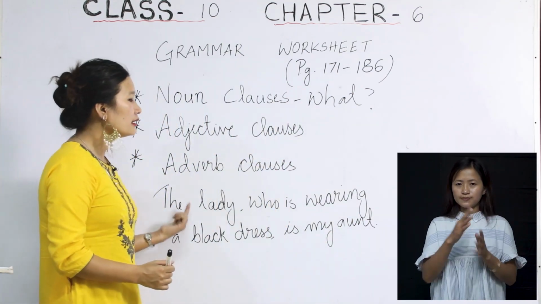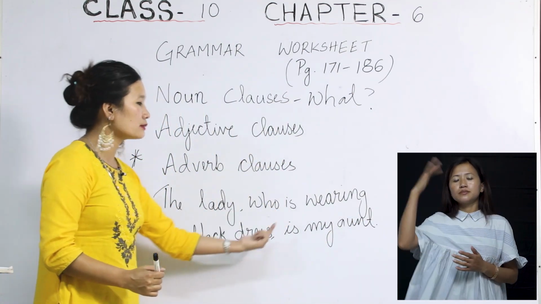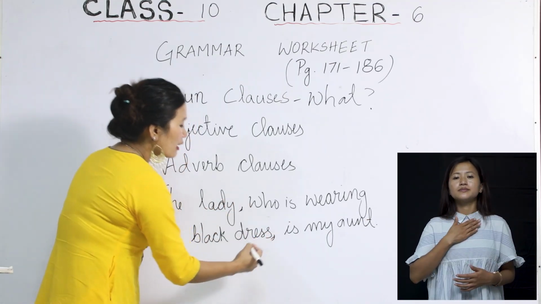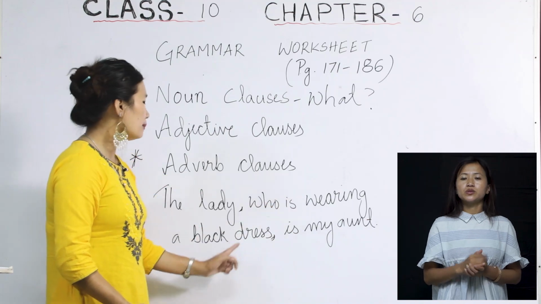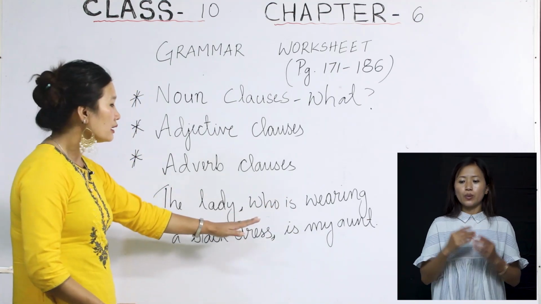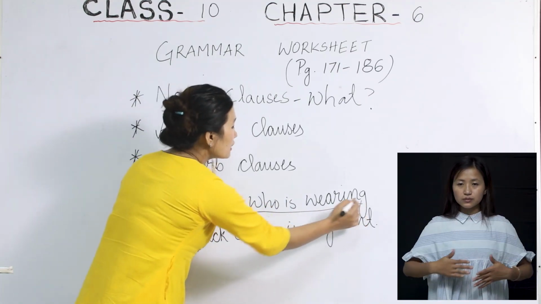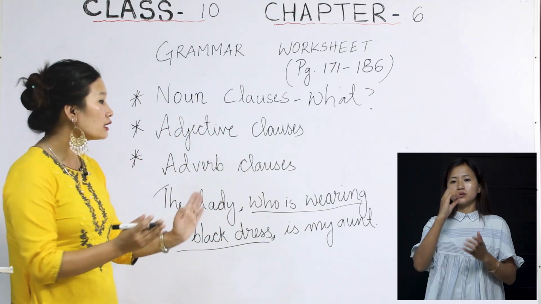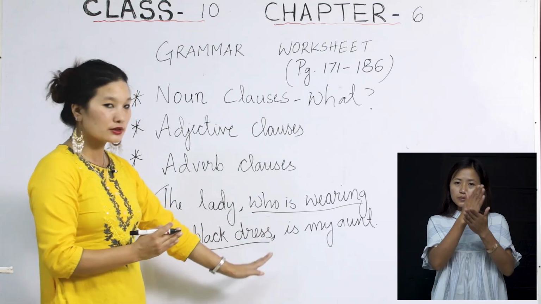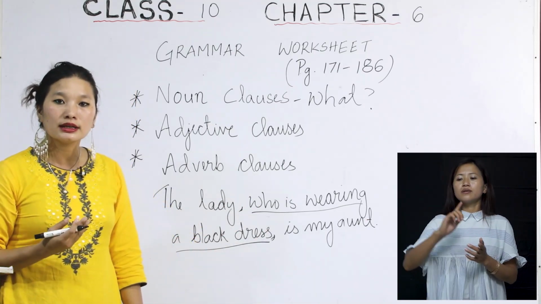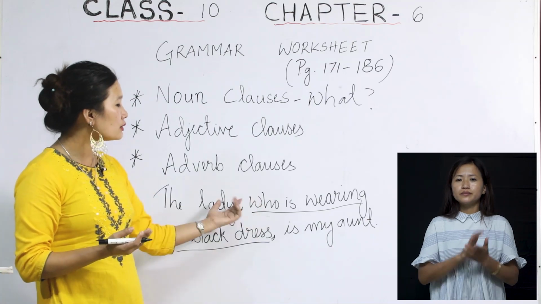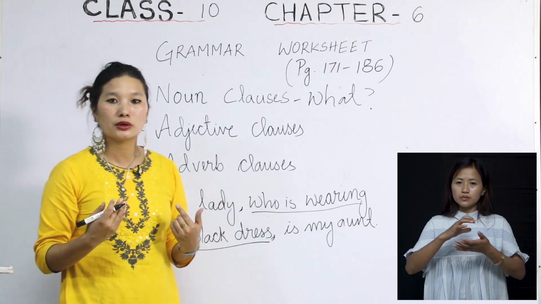If I say the lady who is wearing a black dress is my aunt, you will have to put 2 commas here, okay? Who is wearing a black dress will be within the commas, and so in a non-defining clause you have to put commas before and after the clause, and that shows that it is a non-defining clause, okay? If you're clear with this, you can just create a sentence on your own.